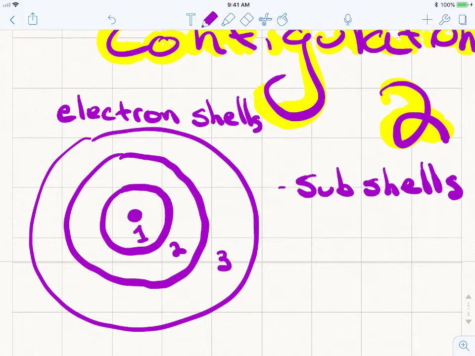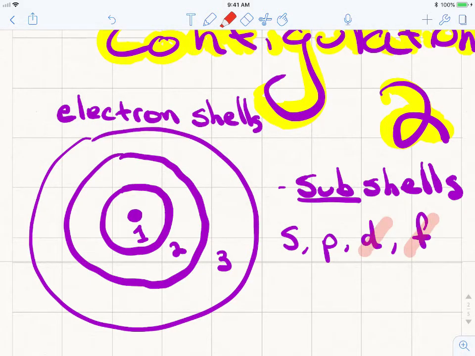And our subshells, obviously sub meaning below, we're going to have 4 types: an S subshell, a P subshell, D, and F. However, for this course, we are not going to be focusing on D and F. That's going to be for DP or higher level chemistry if we get into it. Subshells can be further broken down into things called orbitals. We'll talk about that just a little bit, but we're not going to get into it quite yet.